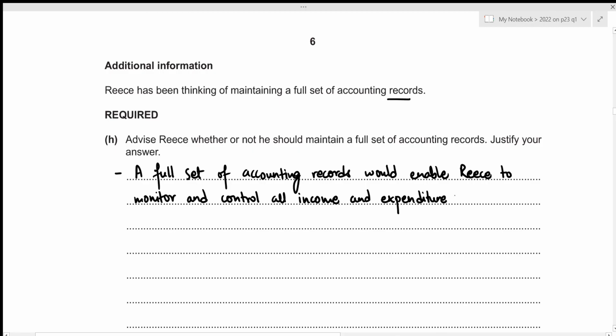Let's write it down as well, which in turn should avoid the occurrence of irrecoverable debts.